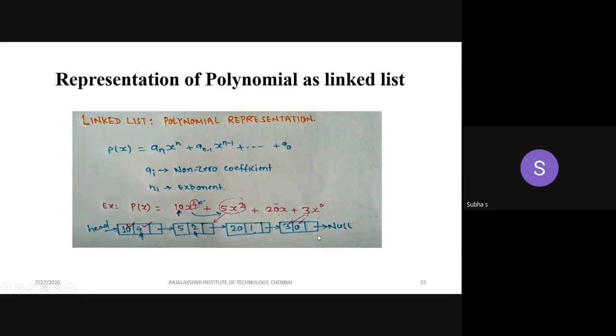If the address of any node points to null, what does it denote? It is the last element in your linked list. Got it? So this is the way of representing a polynomial as a linked list. First element pointed as head, you are having coefficient and power, then the address field, then coefficient power, then coefficient power, coefficient power. For any constant, you have to put the power as 0.